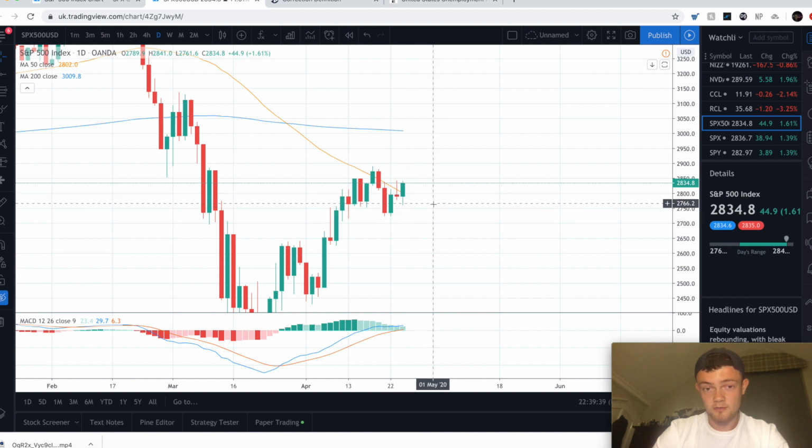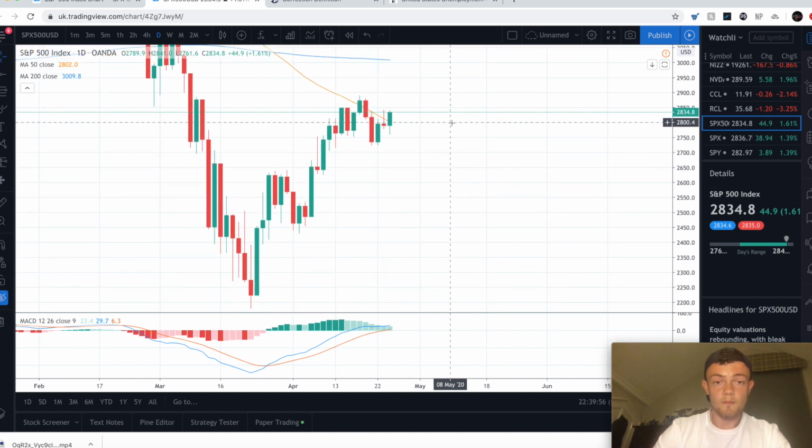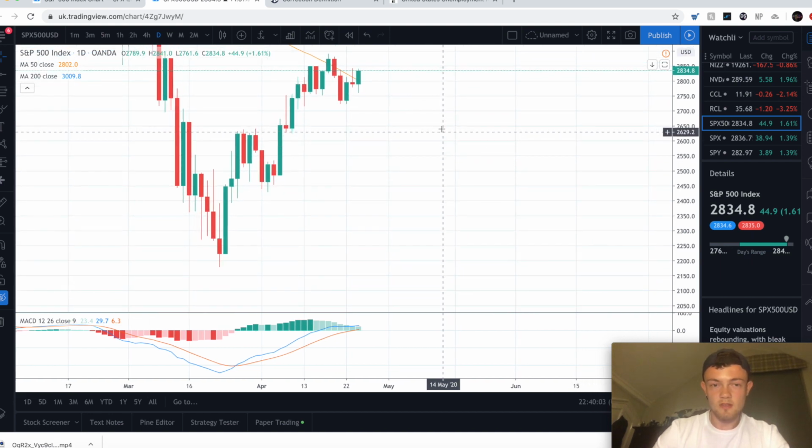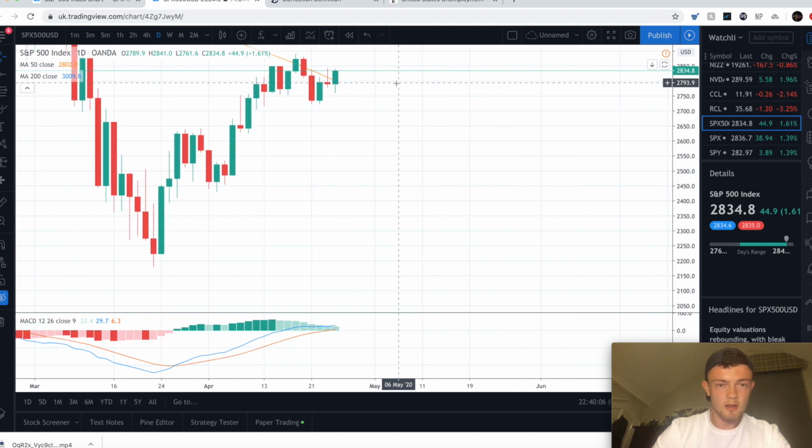If it does break the 50 moving average and we do get onto the lower side of the moving average, it will likely come back and retest the 50 moving average to see whether it is strong resistance now, and if it doesn't manage to break it, then we will likely see the next downfall down to the next resistance zone, which will be around this level, this 2731, out of this period of consolidation, and then we'll start to see some downfall.